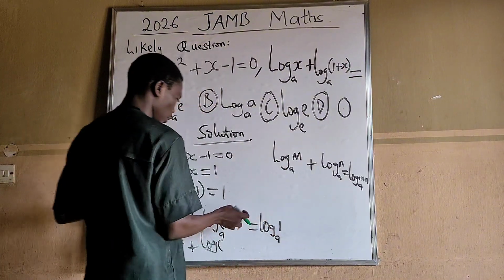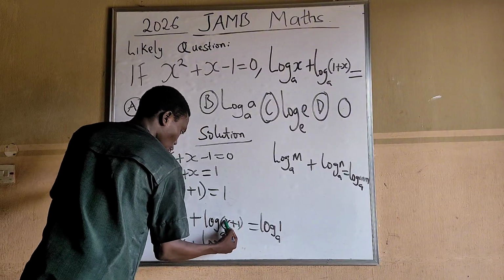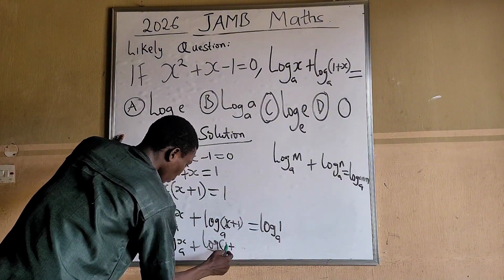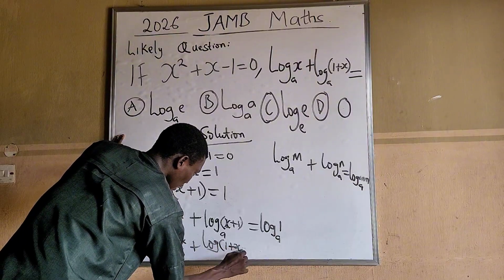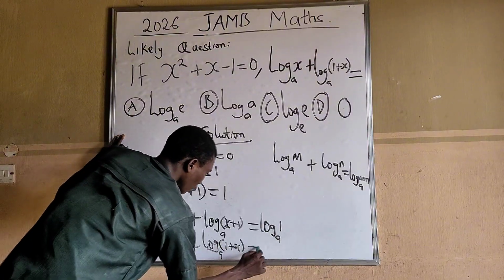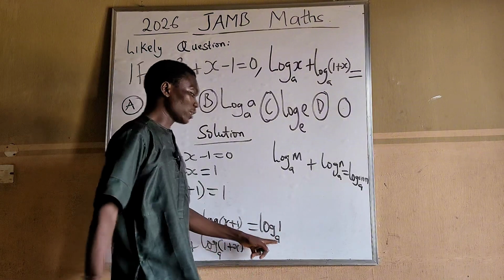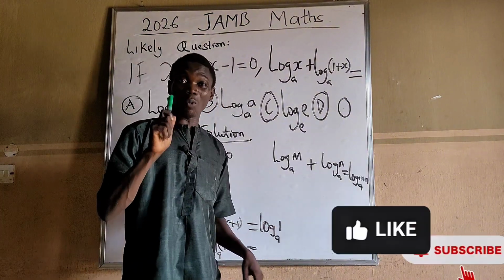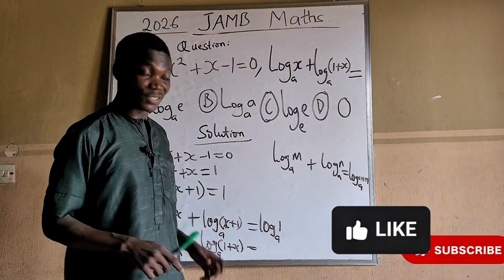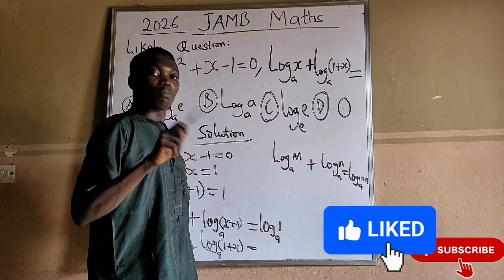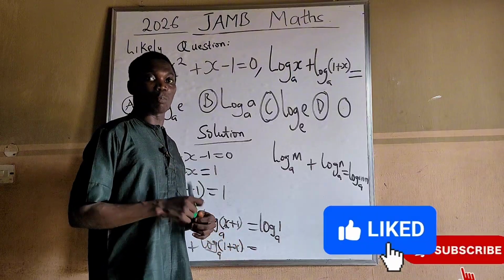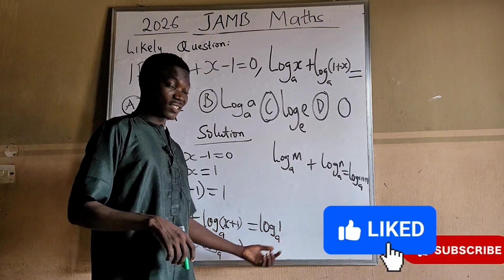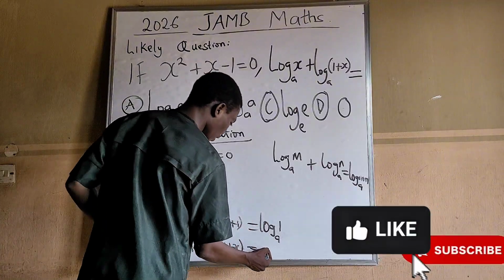So that will be log (1 plus x) base a equals, now log 1, irrespective of the base, gives you 0. If you have a calculator, you can punch it in. Log 1 will give you 0.